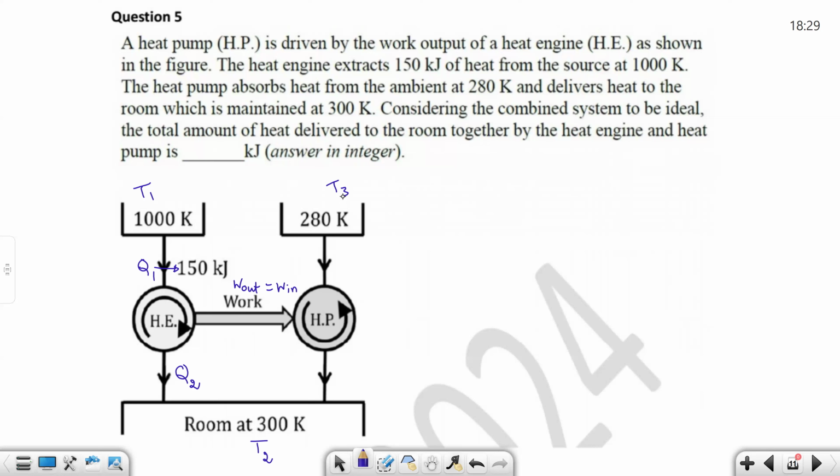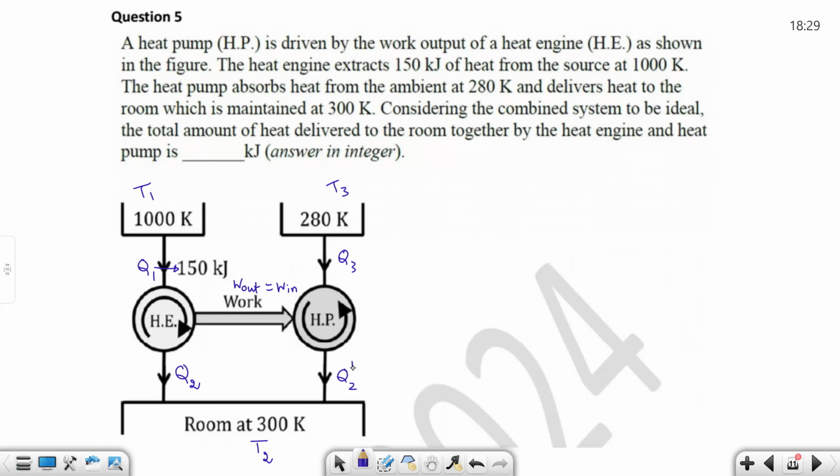Heat pump and refrigerator will operate from low temperature to higher temperature, while for a heat engine it will be from a higher temperature to low temperature. And this we take it Q3, heat taken from there, and maybe this is Q2 dash, let's say Q2 dash is given to the room temperature.